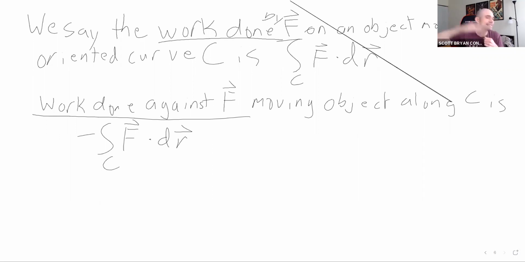The work done against a vector field F is the negative of the integral. Okay, and that's all I want to say about that. It's just a bit of nomenclature.